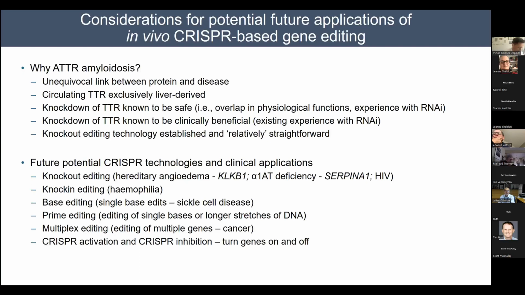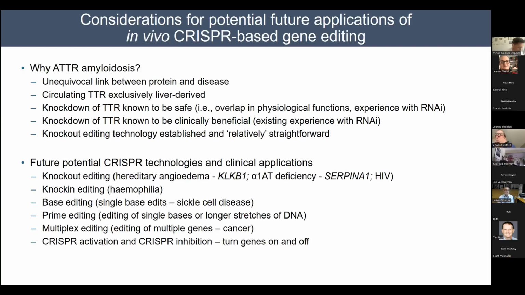Very importantly, circulating TTR is exclusively liver-derived, and that enables potential successful delivery to the cells of choice, in other words, hepatocytes. On the basis of the earlier data that I showed you, knockdown of TTR was felt to be clinically beneficial, and that has indeed proven to be the case. Lastly, given the overlap in physiological functions of TTR, knockdown of TTR was thought likely to be safe, which similarly has also been proven to be the case.